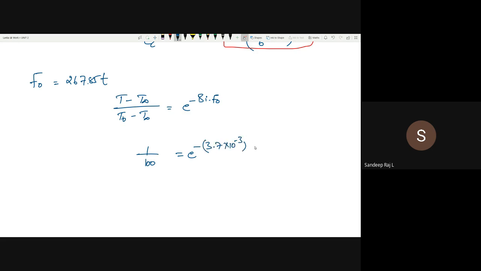The Fourier value is 267.85 into t. So take ln on both sides: ln of 1 by 100 is equal to minus 3.7 into 10 to the power minus 3 into 267.85 into t. Tell me what is the t?